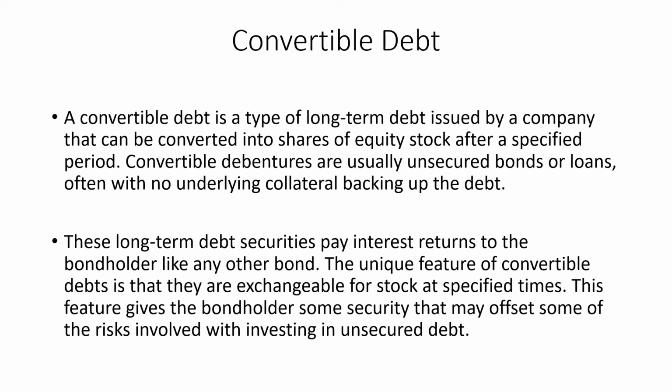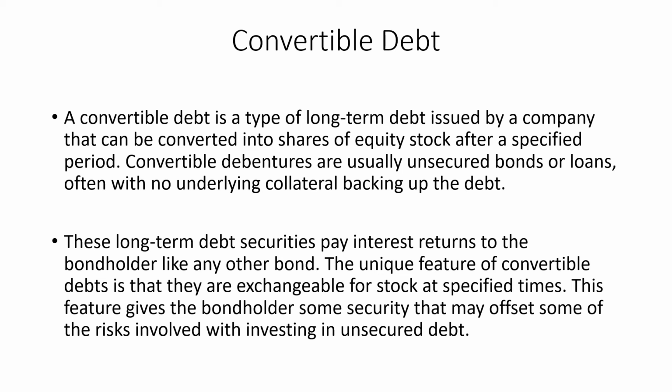But the unique feature of these convertible bonds is that they are exchangeable for stock at a specified time period, and they give the bondholder a certain kind of security that may offset some of the risk involved in investing in unsecured debts.